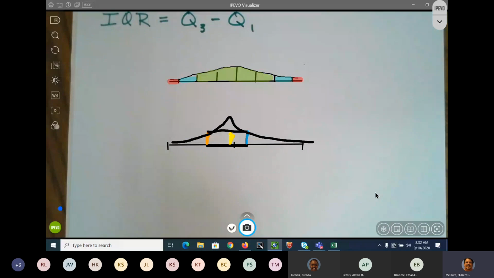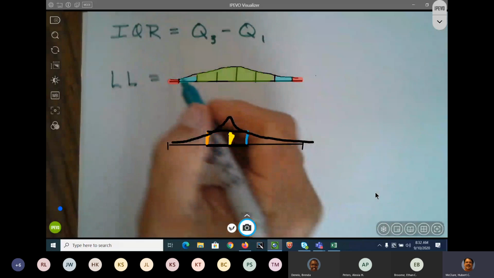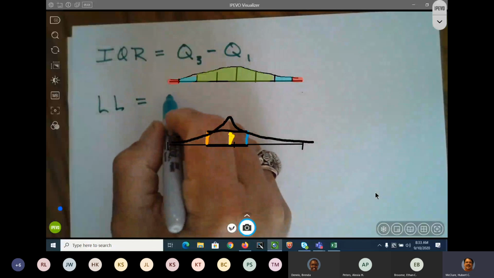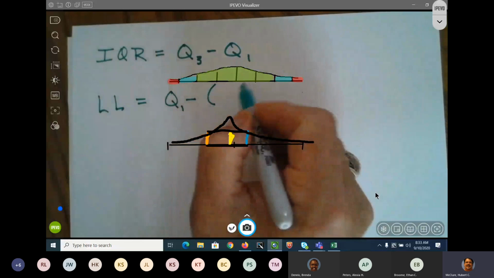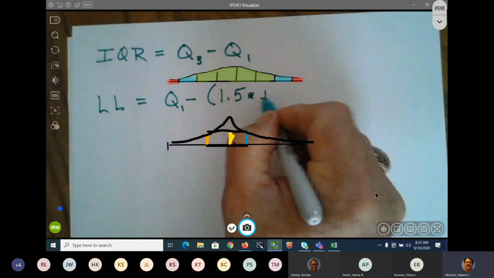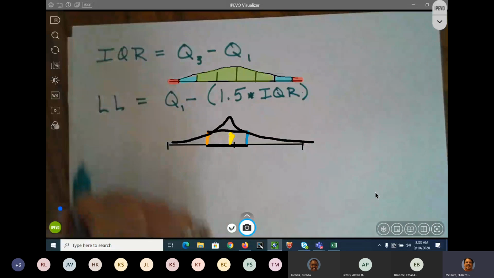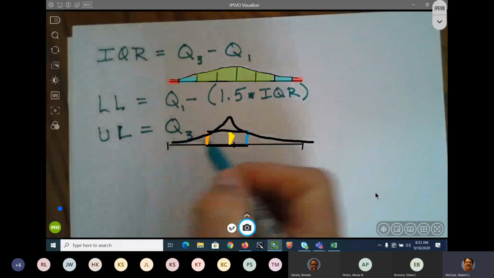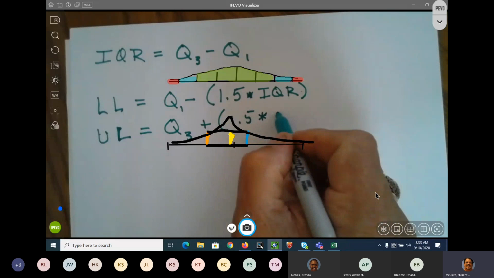And the lower limit is equal to the first quartile minus 1.5 times the interquartile range. And the upper limit is equal to the third quartile plus 1.5 times the interquartile range.